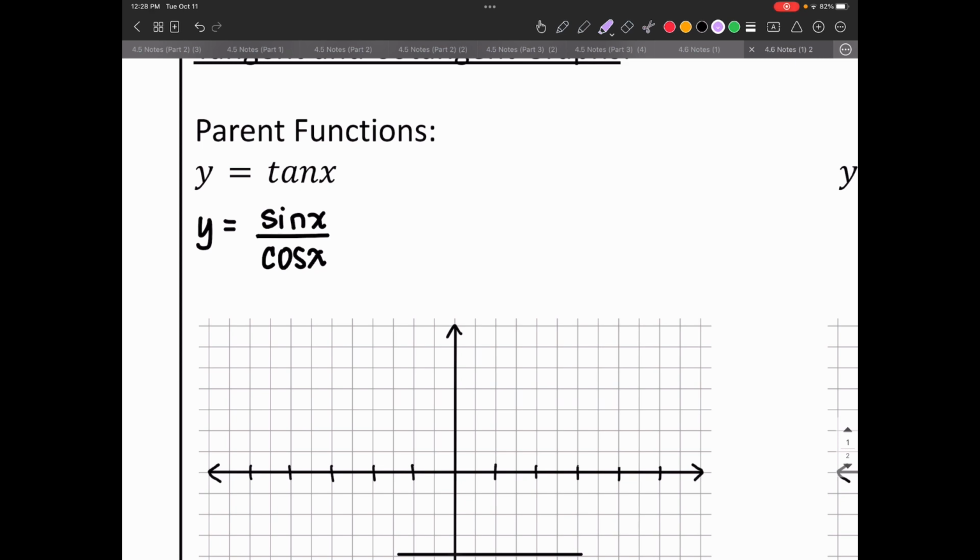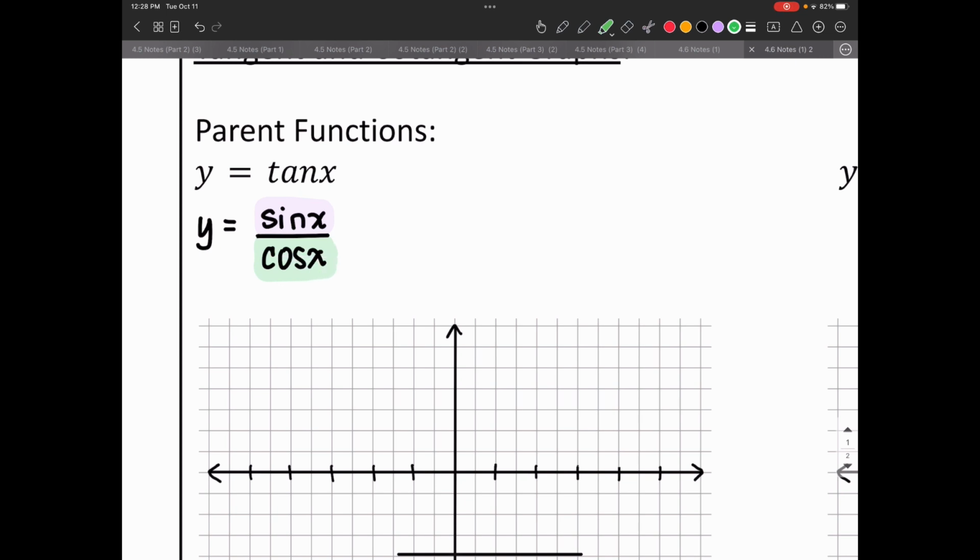I know that when I have a rational function, whatever makes the numerator equal to 0 is going to be an x-intercept. So whatever x values would make sine of x equal to 0 are going to be x-intercepts. I also know in rational functions that whatever is left in the simplified denominator that doesn't cancel, and nothing cancels here, is going to give me vertical asymptotes.